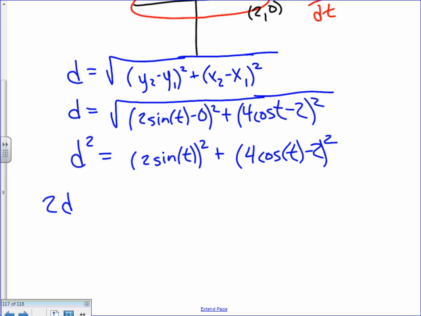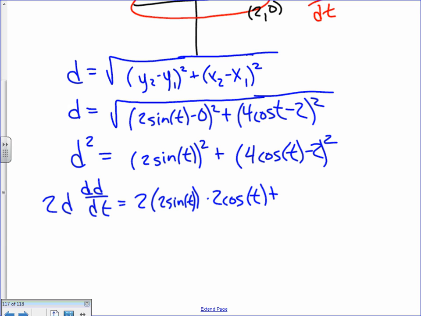2d times dd/dt equals, now here we've got to do the chain rule, so 2 times the whole inside, 2 sine of t, and then I need to multiply by the derivative of the inside, which, remember, I'm taking the derivative with respect to time, so this becomes times 2 cosine of t, and then plus, and this one I'm going to have to do the chain rule.